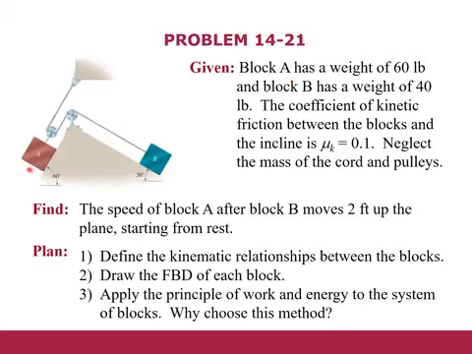We are provided with the weight of block A, which is 60 pounds, and block B having 40 pounds, and the coefficient of friction between the block and the surface is 0.1. So we have to include the friction in our analysis. We have to find the speed of block A when block B moves 2 feet in the upward direction.